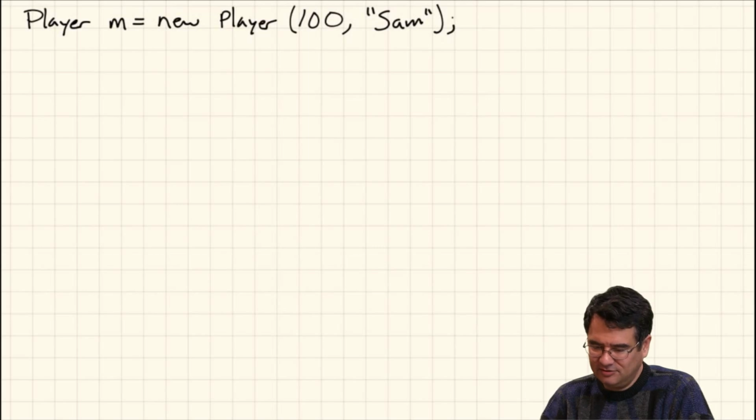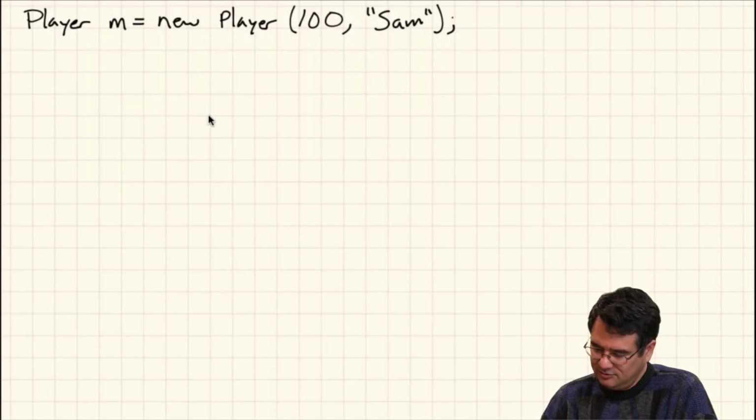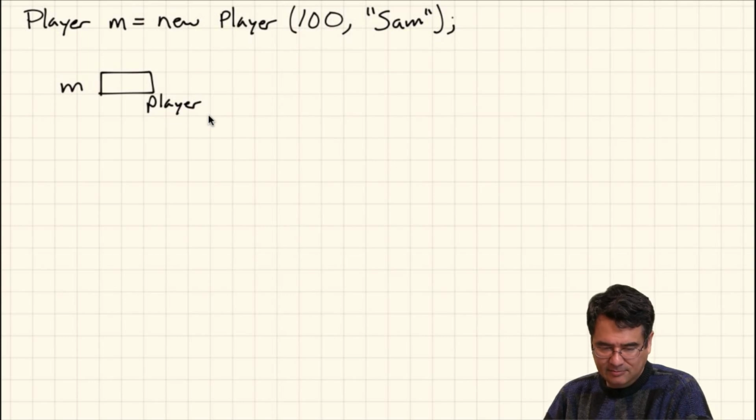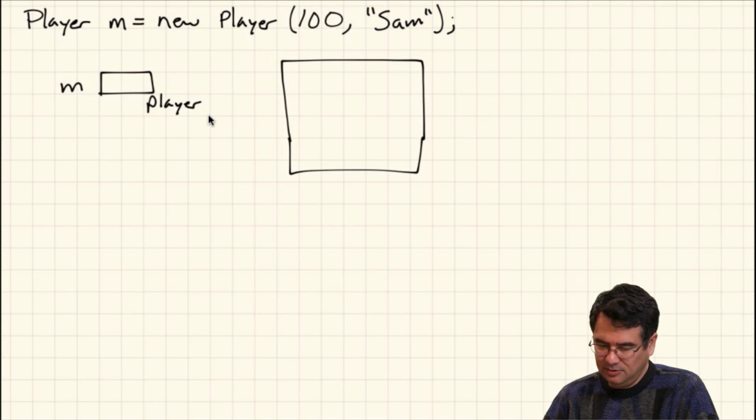So remember that from what the constructor did right here. Okay, so what does this picture look like? Well, we end up with a box labeled M, and this is going to point to a player object. Okay, but what's inside that player object?